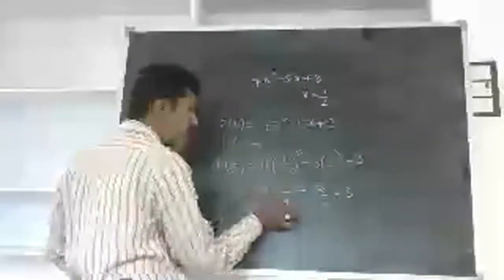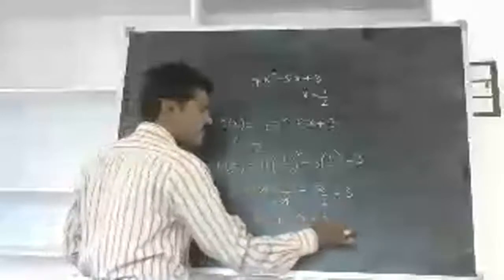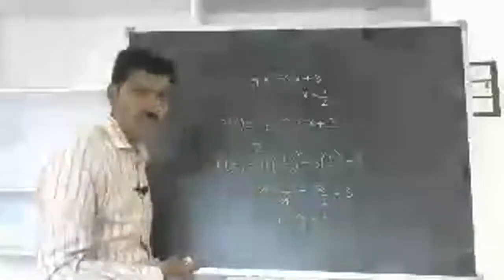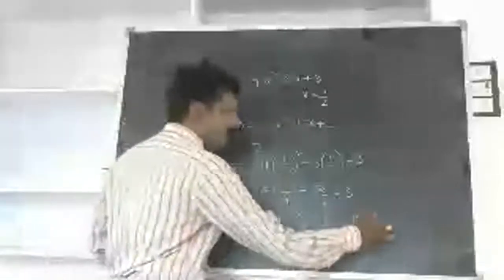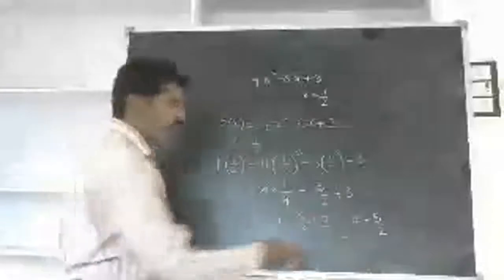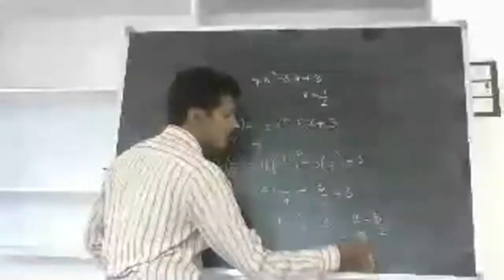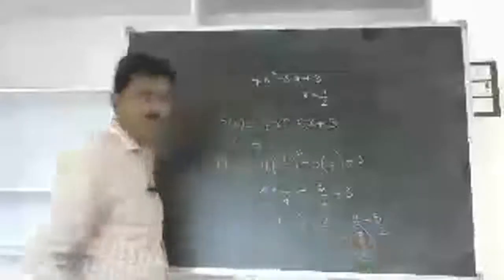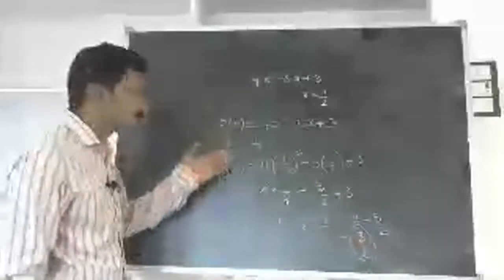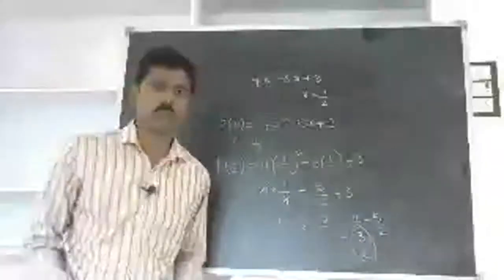Here the 4s cancel, you get 1 minus 5 by 2 plus 3, which results in 1 plus 3 becomes 4, and minus 5 by 2. Now converting into a fraction, 2 4s are 8 minus 5, so 3 by 2 will be your answer. So once again, check this procedure while substituting the value in the place of the variable.